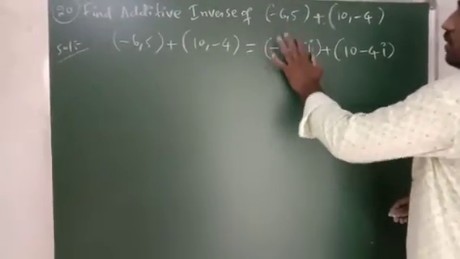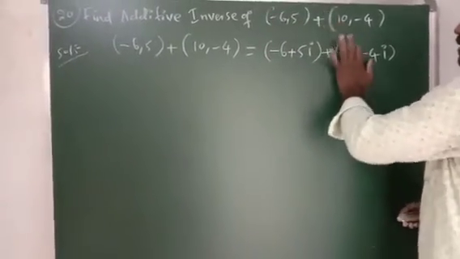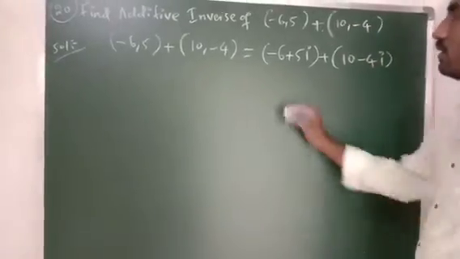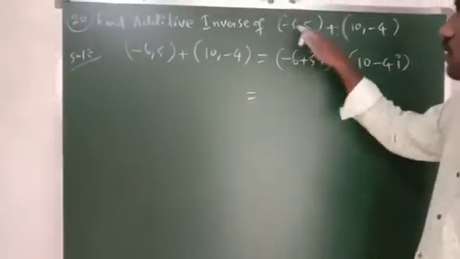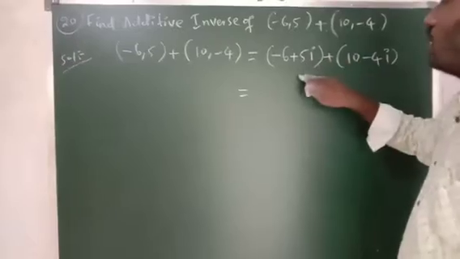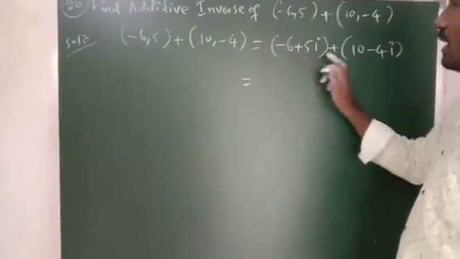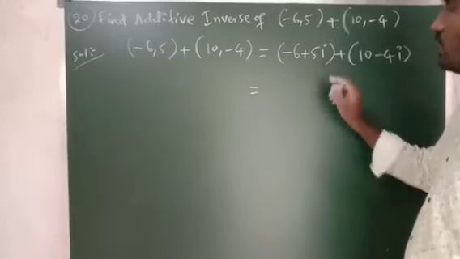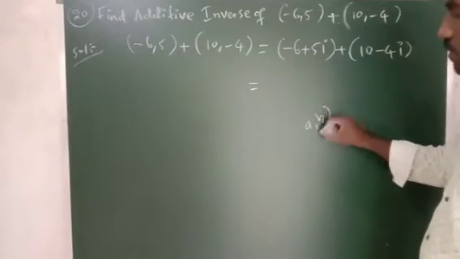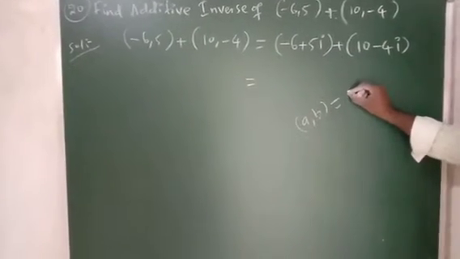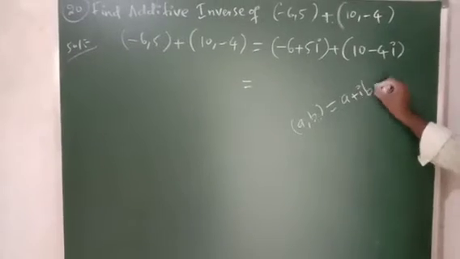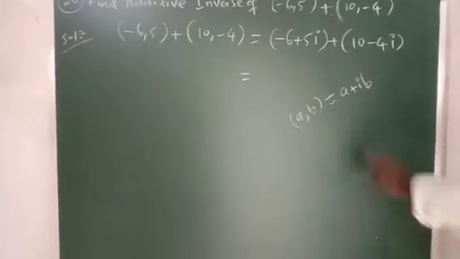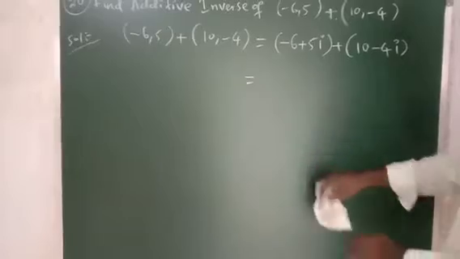First we convert the given points into complex number form: a comma b can be written as a plus ib, so minus 6 comma 5 is minus 6 plus 5i.